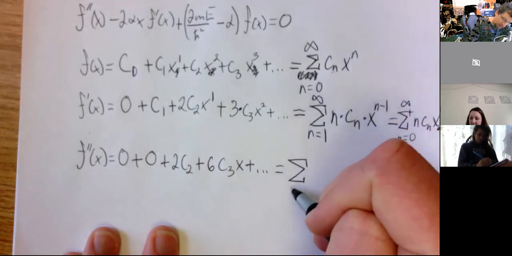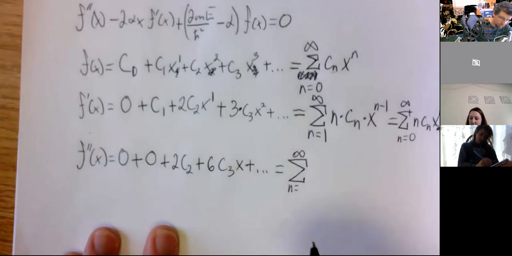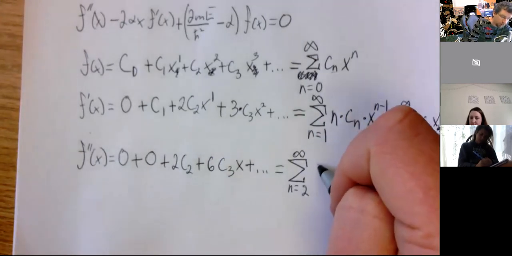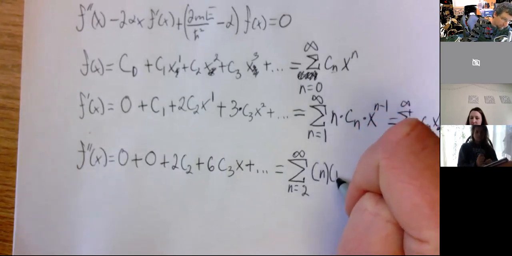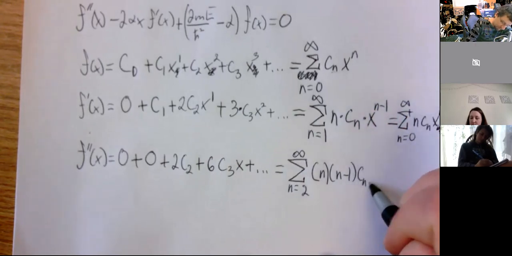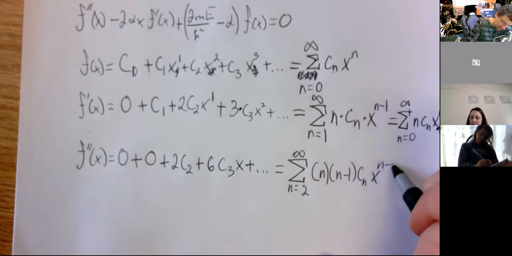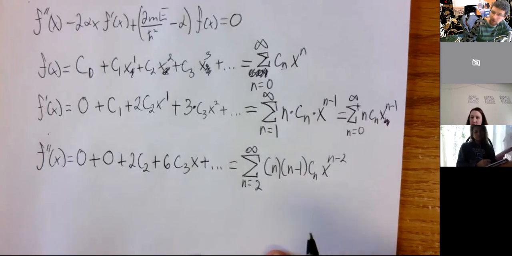Where are we going to start the index in this case? n is 2. Now, this one's a little bit trickier. We get n times n minus 1 times Cn x to the n minus 2. And we can simplify that.